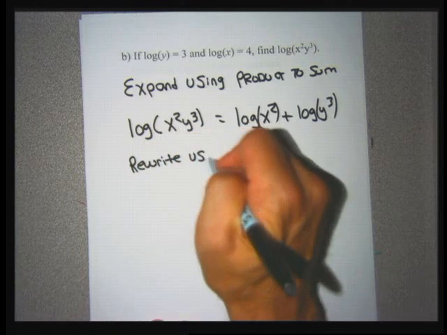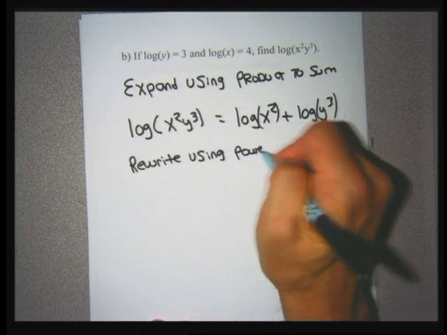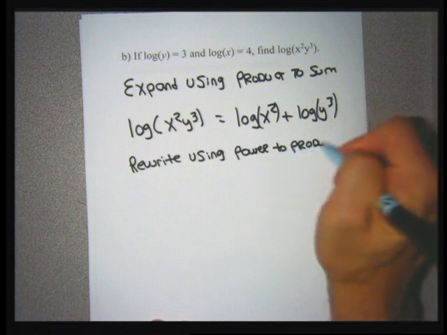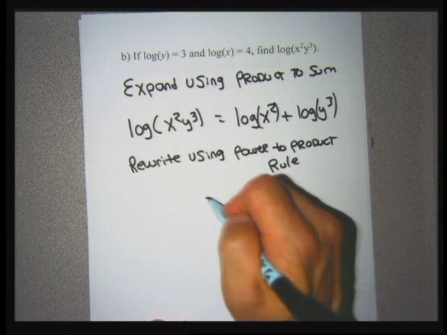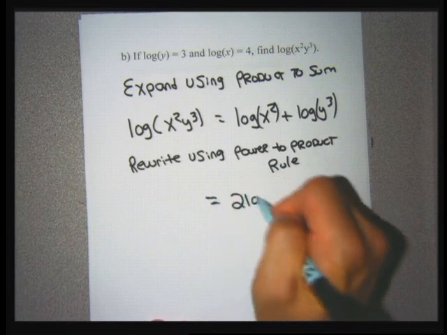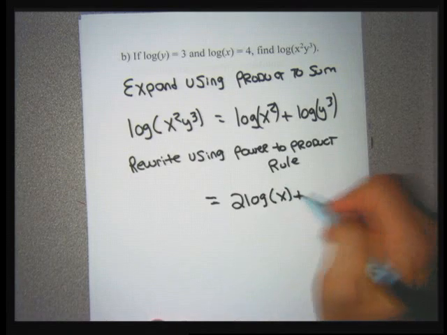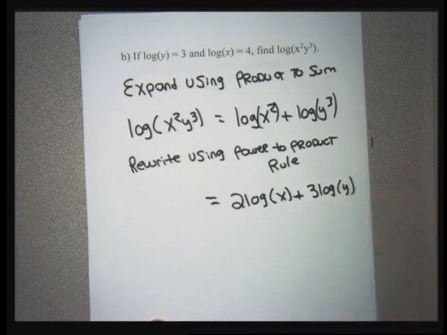Now I'm going to rewrite using the power to product rule, and get 2 times the log of x plus 3 times the log of y. Almost done.